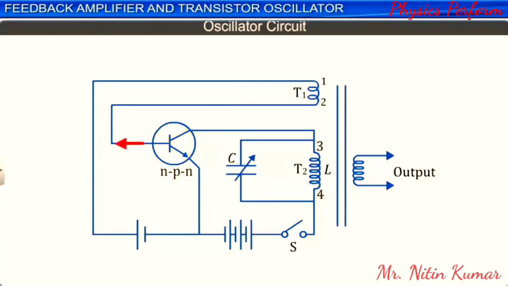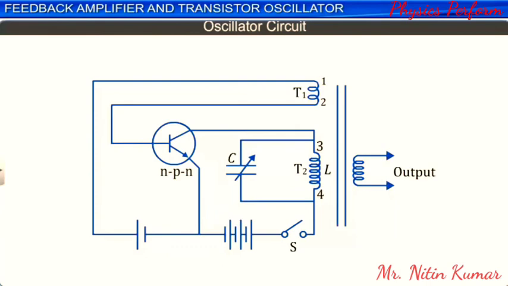The input circuit of the transistor is connected to a coil T1 across terminals 1 and 2. The output circuit of the transistor is connected to a coil T2 across terminals 3 and 4. Note that coil T2 forms a part of the LC circuit used for the feedback network.